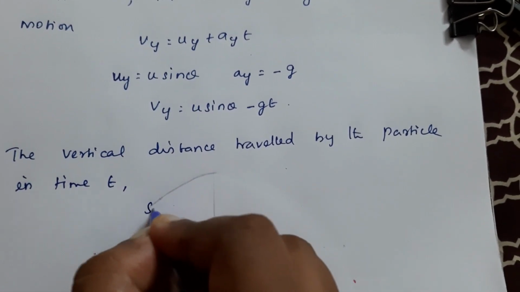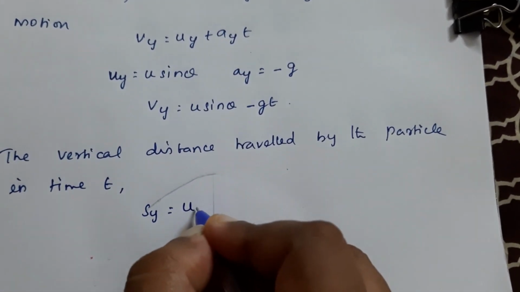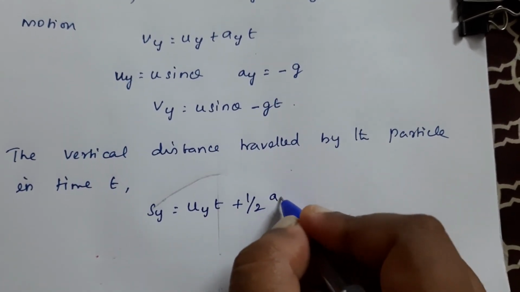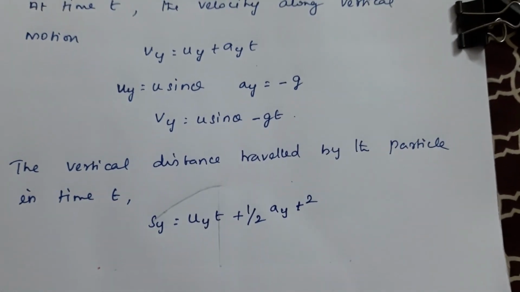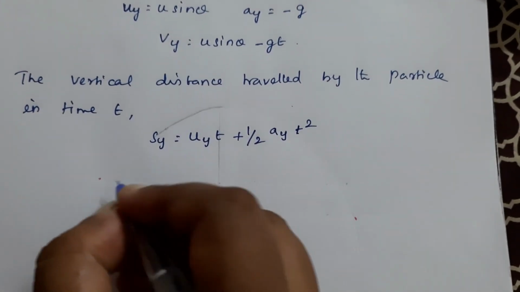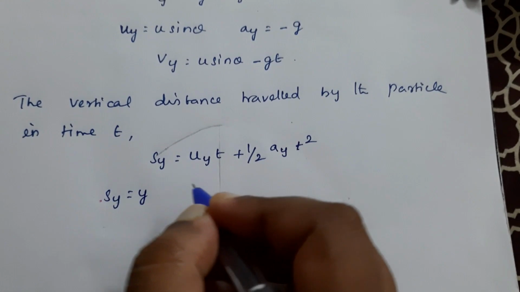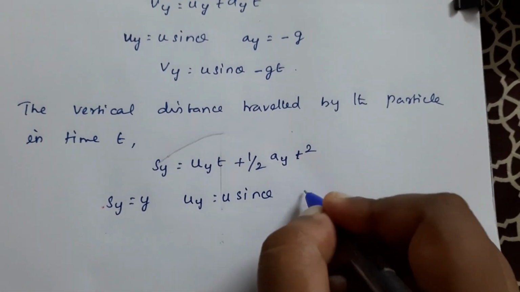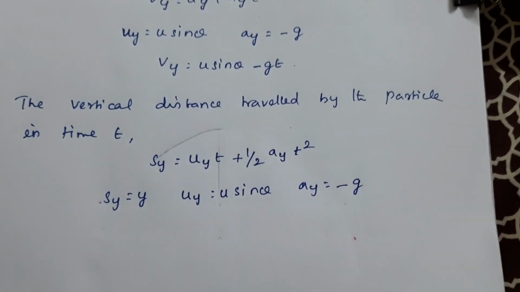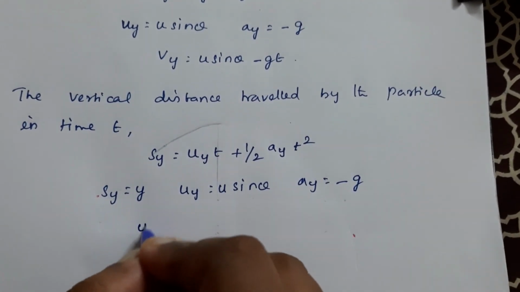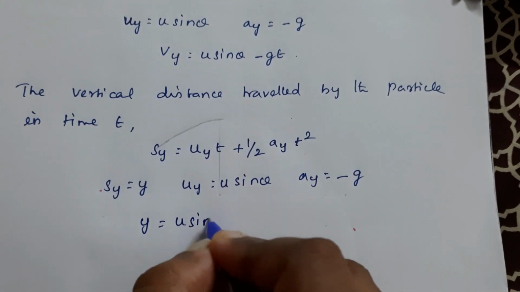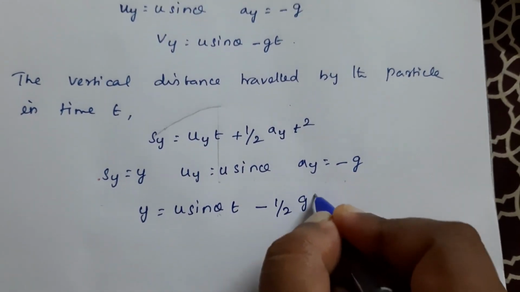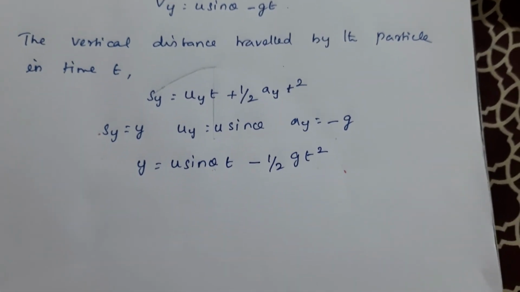That is Sy is equal to uy t plus half ay t square. Here Sy is y. Uy is u sin theta and ay is minus g. Substituting, y is equal to u sin theta into t minus half g t square.